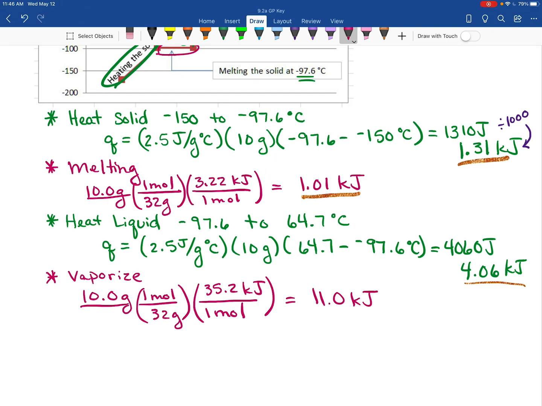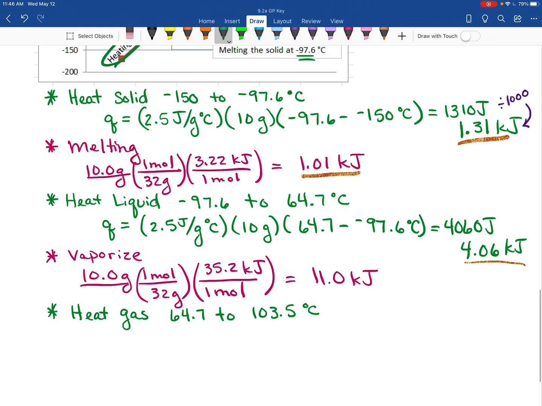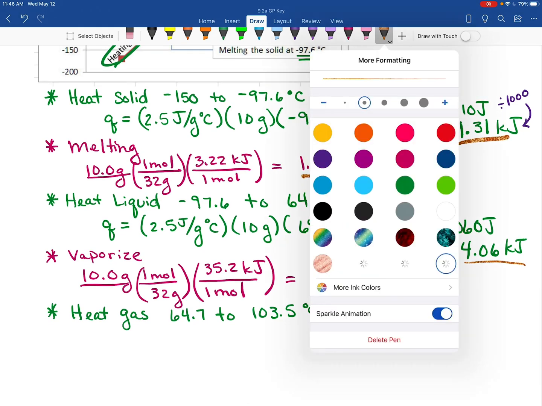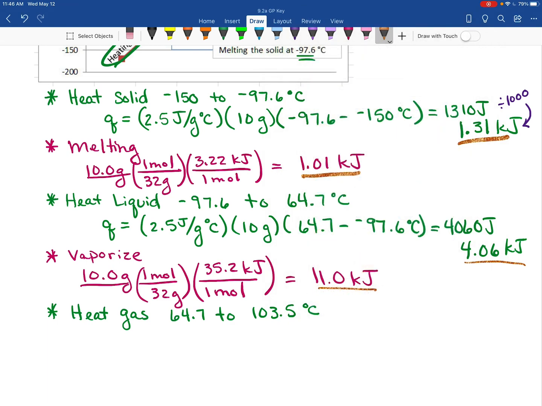And then the last part of this is going to be heating the gas, because we did go all the way up until we got to 103.5. So let's heat the gas from the 64.7 to 103.5 degrees Celsius. So last step, and then we're going to have to add all of these together. I guess I can underline that one so I make sure I keep track of which ones I need.